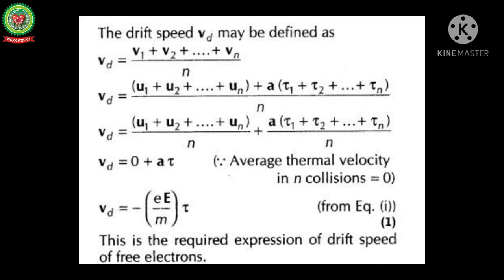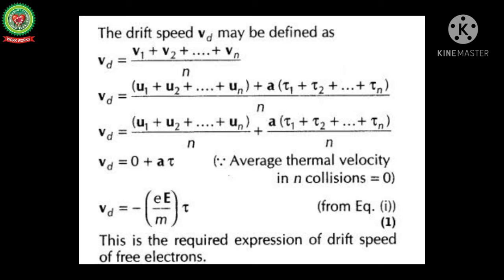Now let's start with the article. Children, you know that drift velocity is the average of velocities of all the electrons. So, it's given by Vd equal to V1 plus V2 plus V3 up till Vn over n. And V is also written as V equal to u plus at.